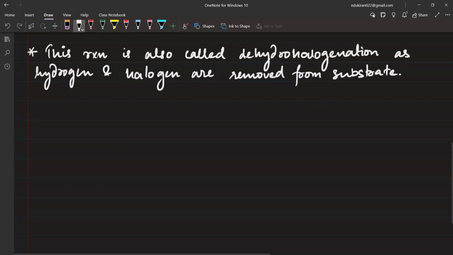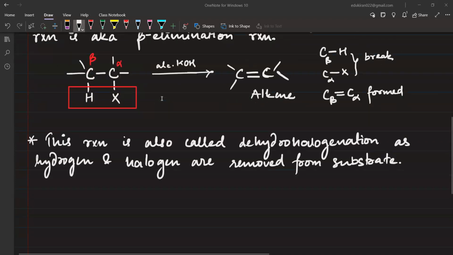Right, next point. So those who have come late, this is where we have started. Please write this point. This reaction is also called dehydrohalogenation, as hydrogen and halogen are removed from substrate.